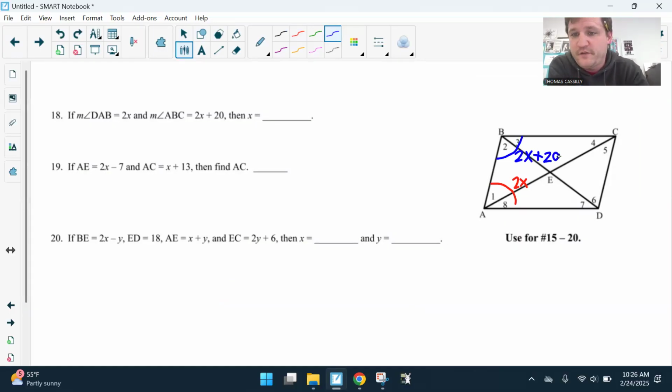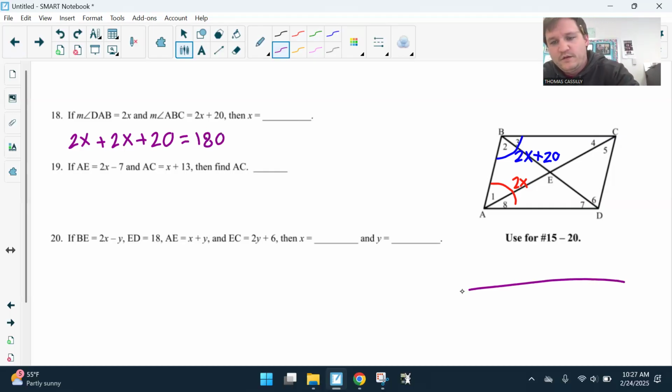They want to solve for x. So this is just like that very first one we did. Angle DAB and angle ABC are supplementary because those are same side interior angles. So 2x plus 2x plus 20 equals 180 degrees.